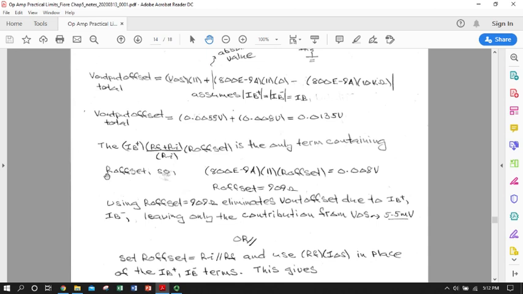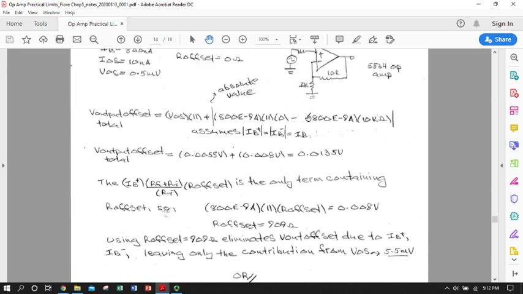So let's assume that our offset is set ideally. And the ideal R offset would be a resistor value here that set these two equal to one another.